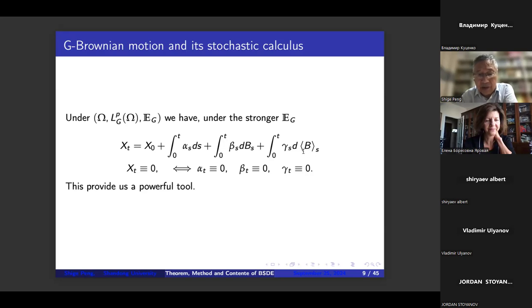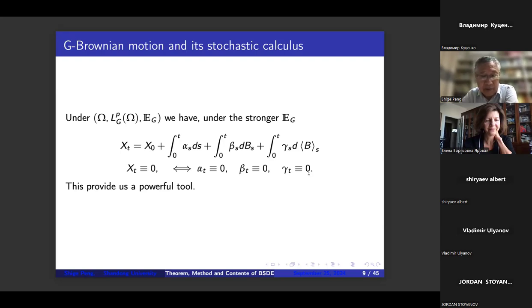So here this cannot be reduced to ds. More precisely, X_t is identically equal to 0 if and only if X_0 is 0, alpha_t is identically equal to 0, beta_t identically equal to 0, gamma_t also identically equal to 0.